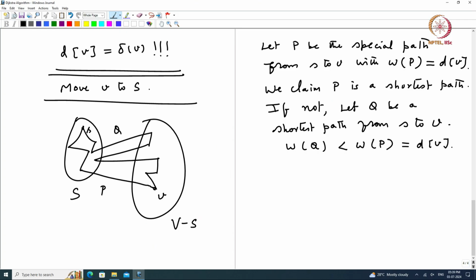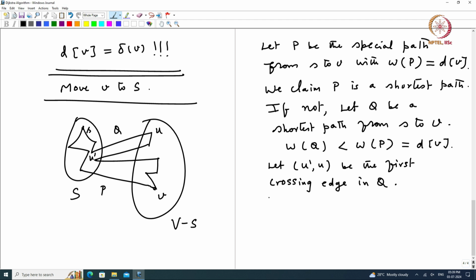It must have one crossing edge at least. Let U dash U be the first crossing edge in Q.